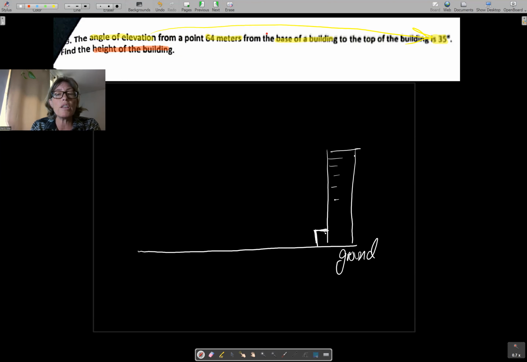The angle of elevation, 64 meters away. So that means specifically from the base of the building. So this is going to be 64 meters. And the angle of elevation, this is really important to know the difference. Angle of elevation and angle of depression. Elevation, if you could do this with me, starts at a horizontal and goes upward. That's elevation.